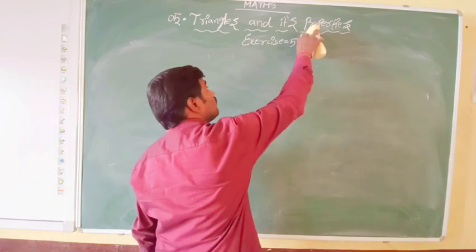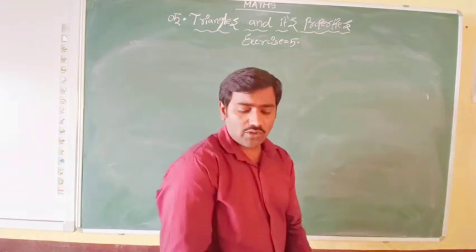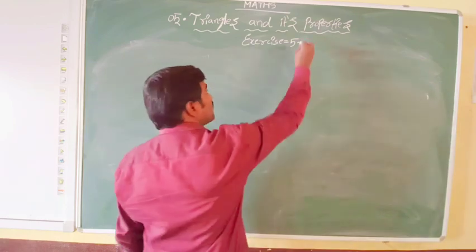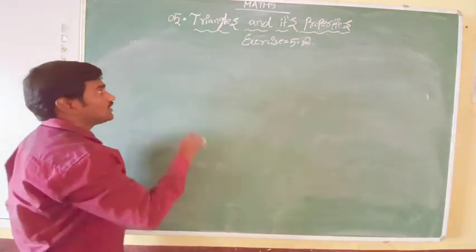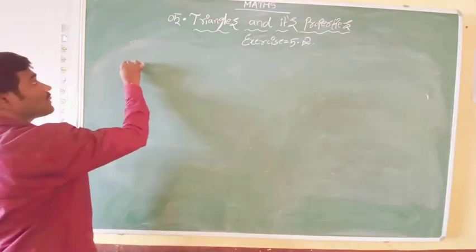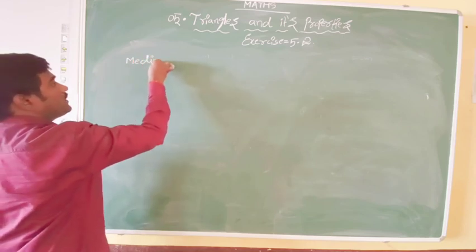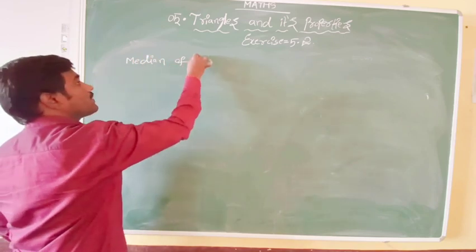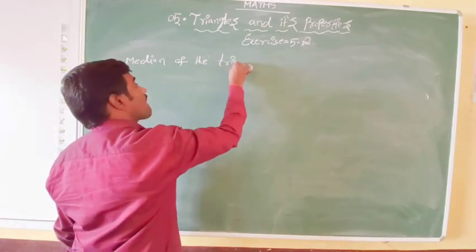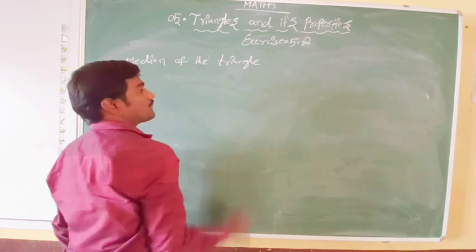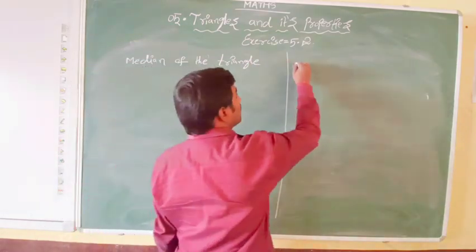We have to learn what the median of the triangle is and what the altitude of the triangle is. So we are entering exercise 5.2. Let us go for the median of the triangle. We go for the altitude of the triangle.